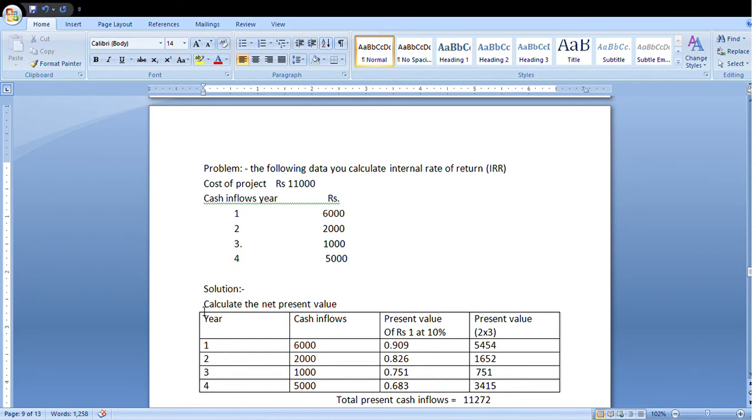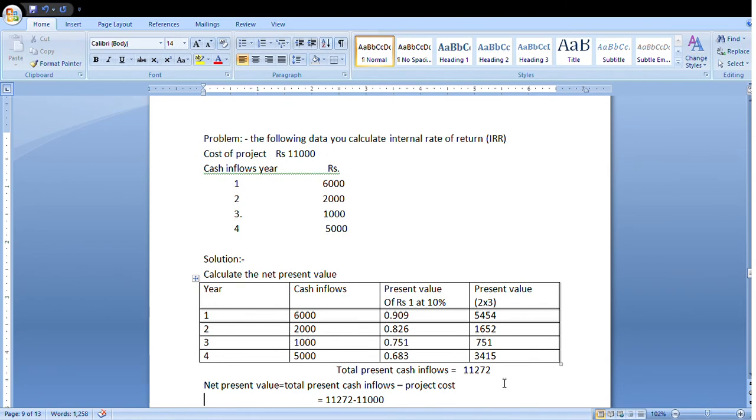First you calculate the net present value. This table: year, cash inflow, present value of rupee 1 at 10%, present value. The first and second columns are given in the problem: years and cash inflows.